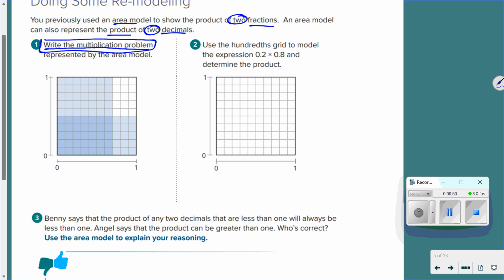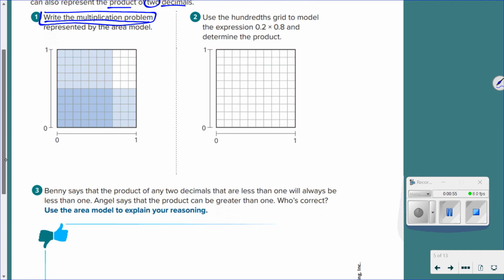Okay, here's your key. When I look at it and I go across, I can see that this line goes up here. This line goes across to here, yes? So if I go across, that is 1, 2, 3, 4, 5, 6, 7 tenths. This one, I go up 1, 2, 3, 4, 5 tenths. And when I look at the double shaded, if I actually count those, how many are there? 35 out of how many total blocks?